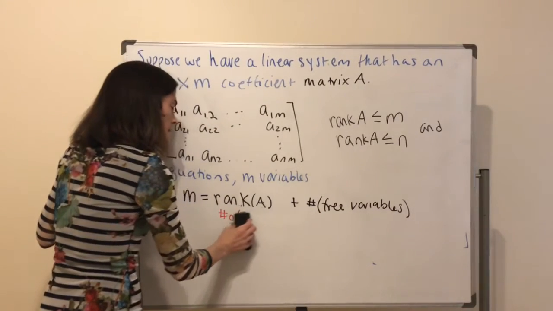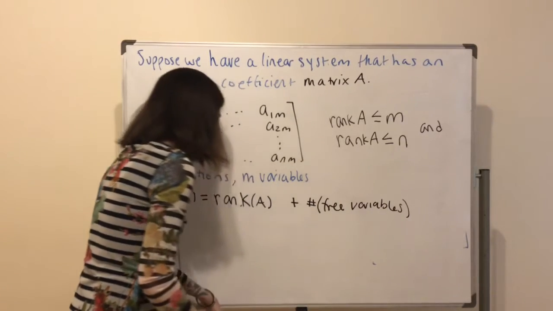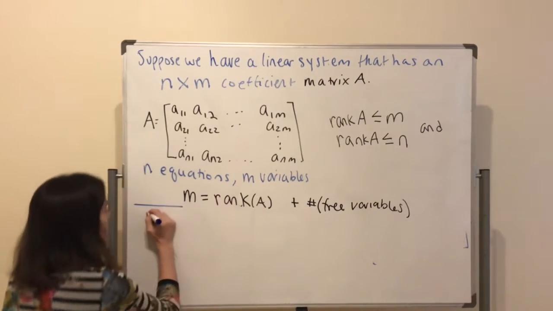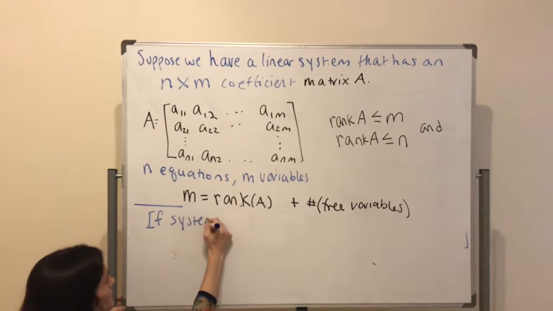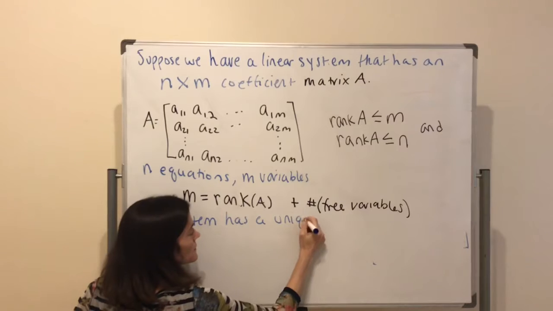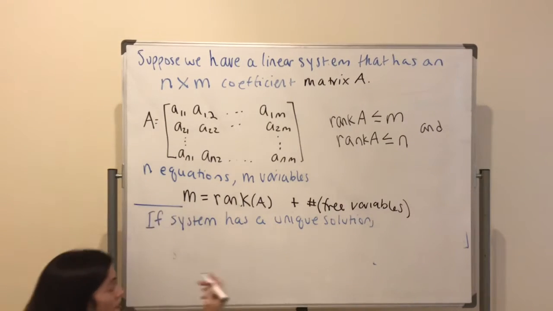So now let me break into some cases. We can think about some things that can happen. Okay, so if your linear system has a unique solution, well, then we know something about the rank.